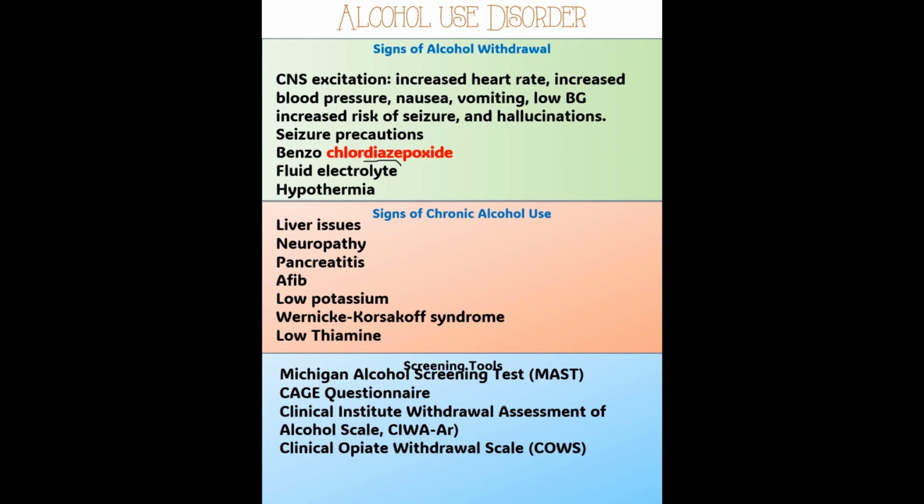And then we also have our COWS, which is our clinical opioid scale. Same concept. You look at all those different pieces and it tells you what we need to do as far as the results. And typically your order will have complete a CIWA every 4 hours and then give you, just like with a sliding scale for insulin, a sliding scale for a score 0 to this, do this, for 5 to 8, do this. So you'll see that.